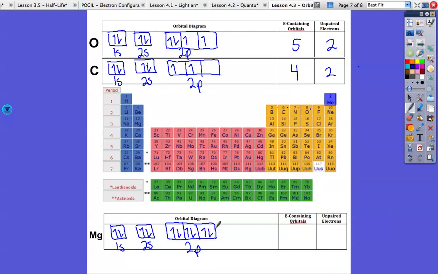Since I knew I was going to fill it, I just went ahead and gave them the second helping to start with. And then in the 3s orbital, 1, 2 electrons to get to magnesium. So now we have a total of 6 electron-containing orbitals, and we have 0 unpaired electrons.